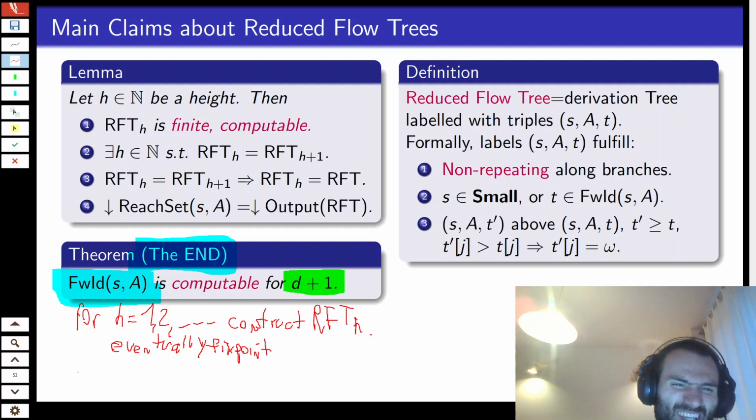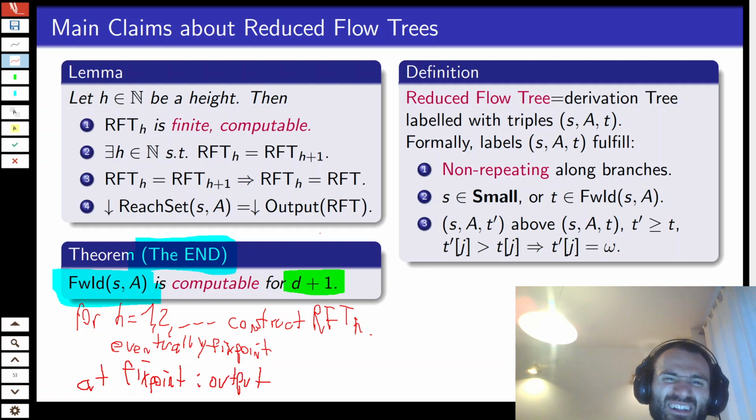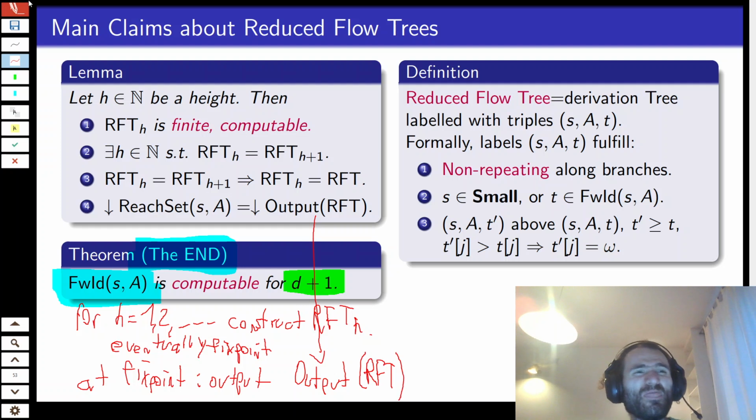So once you hit the fixed point, at the fixed point, output the targets of the different reduced flow trees, possibly minus some duplicates or something.